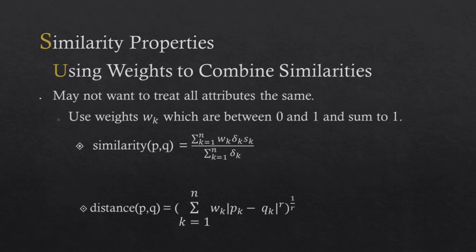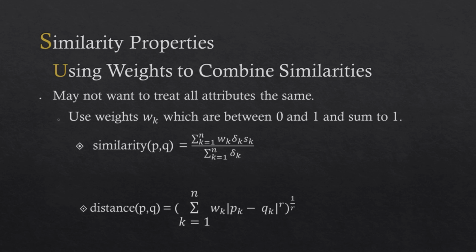Using weights to combine similarities. We may not want to treat all attributes the same. Use weights w k which are between 0 and 1 and sum to 1. These are the formulas. In similarity, the formula is similarity of P, Q equal to the summation of k equal to 1 to n of w k delta k S k, over the summation of k equal to 1 to n of delta k.